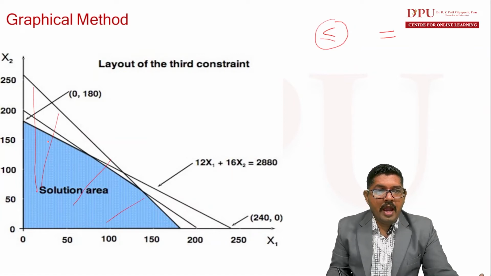The common region from all the lines we draw will be the solution region. So in this case this is the common region when we draw these three lines for less than type constraints.